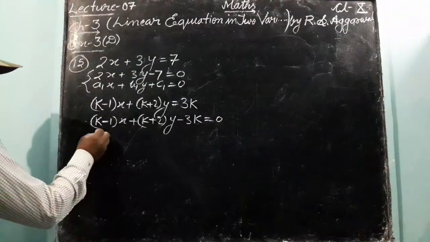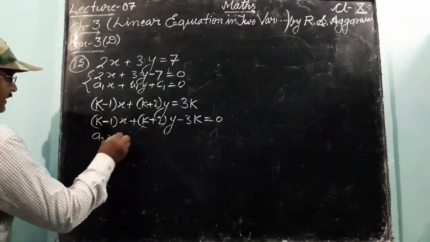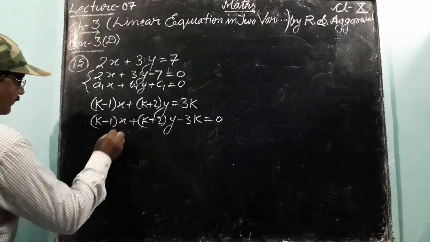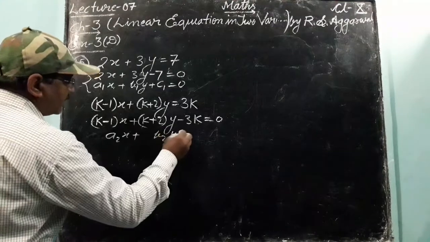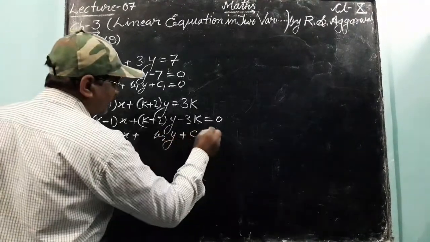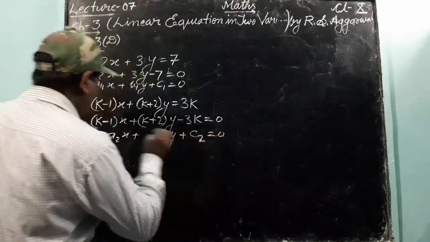It is also in the form a2x plus b2y plus c2 is equal to 0.